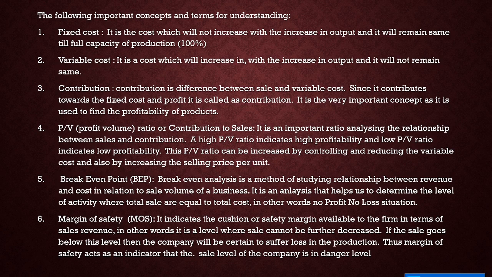I'll repeat, if there is an increase or decrease in variable cost, then there will be a change in PV ratio. Next, if there is any increase or decrease in selling price per unit, in that case also the PV ratio will change. So this is an important concept. Please keep that in mind.